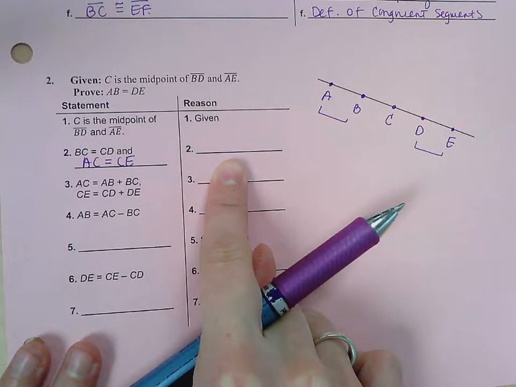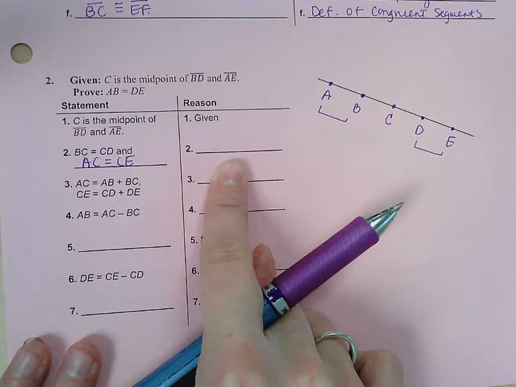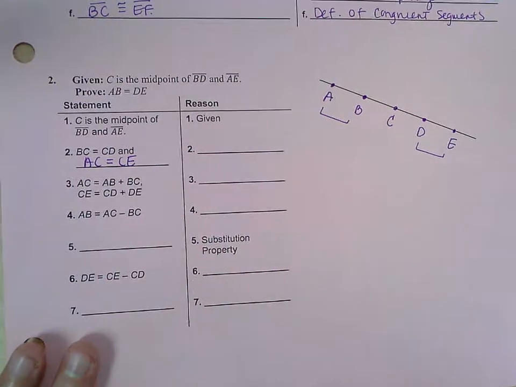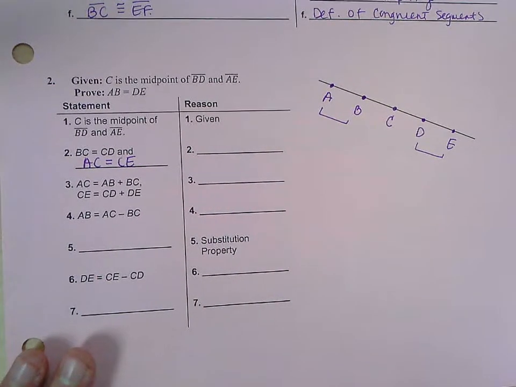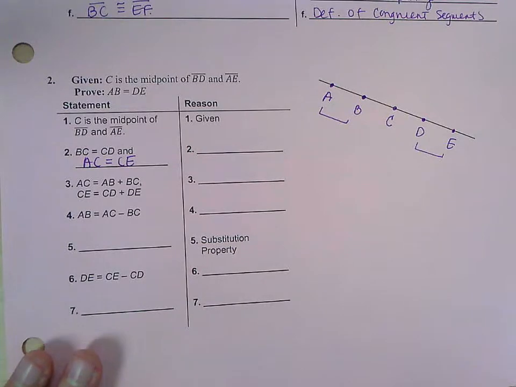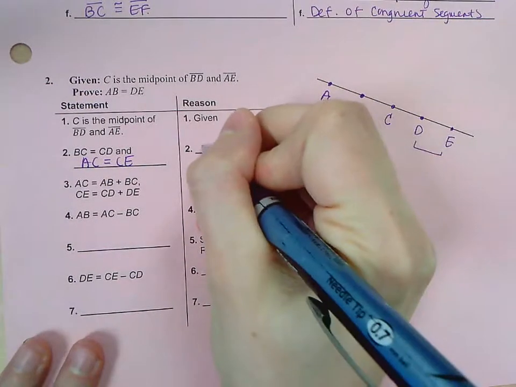What reason did we use? I feel like I'm hearing whisperings of it. It's okay if you say something and it's wrong. Proofs are going to be a productive struggle. You are going to say wrong things and have to correct it. That is fine. Wrong answers are fine. Gabe? Midpoint theorem.